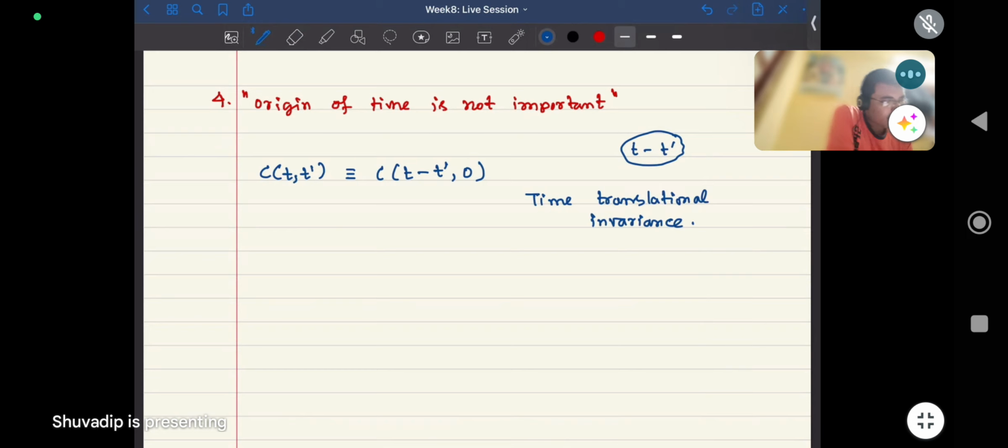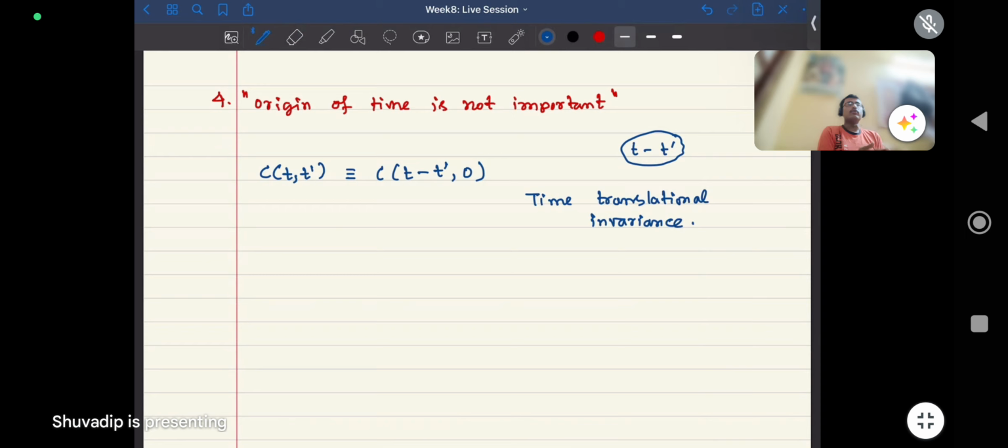Similarly, if you have a movie, suppose you are recording the motion of the particles inside a box, and if you play that motion in the reverse order, and it is not possible to distinguish between the two videos, whether it is playing in the forward direction or in the reverse direction, then it is called time reversal symmetry.